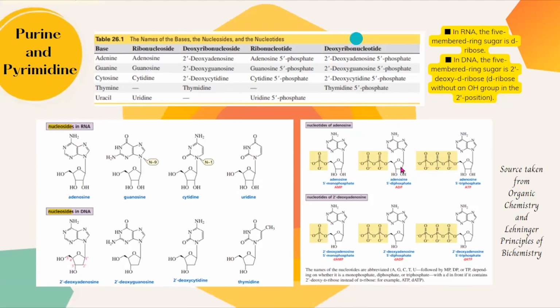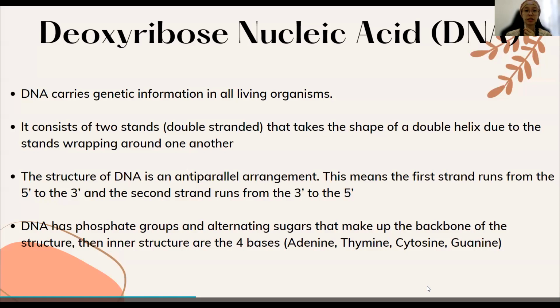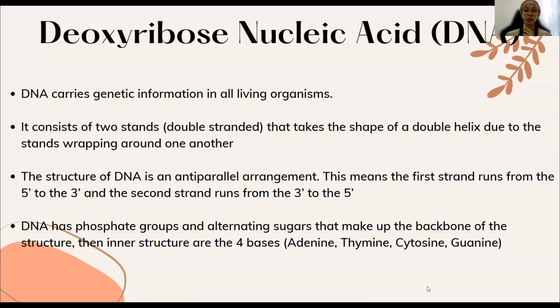Thank you. Hi everyone, I am Lina Turkestani and I will be talking about deoxyribonucleic acid, aka DNA. DNA carries genetic information in all living organisms. It consists of 2 strands that take the shape of a double helix due to the strands wrapping around one another. The DNA structure is in an anti-parallel arrangement.